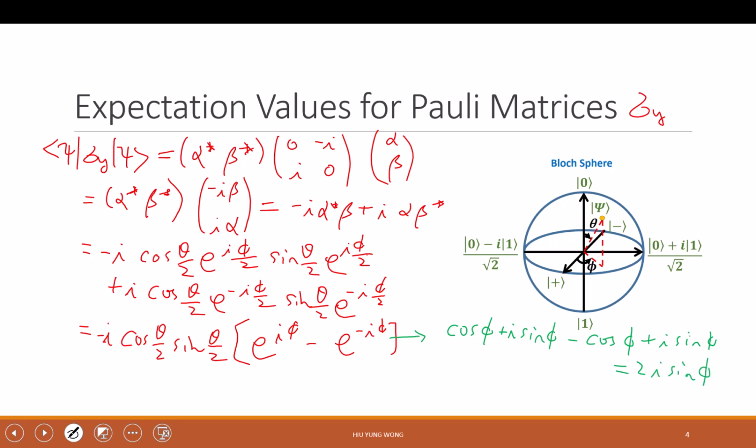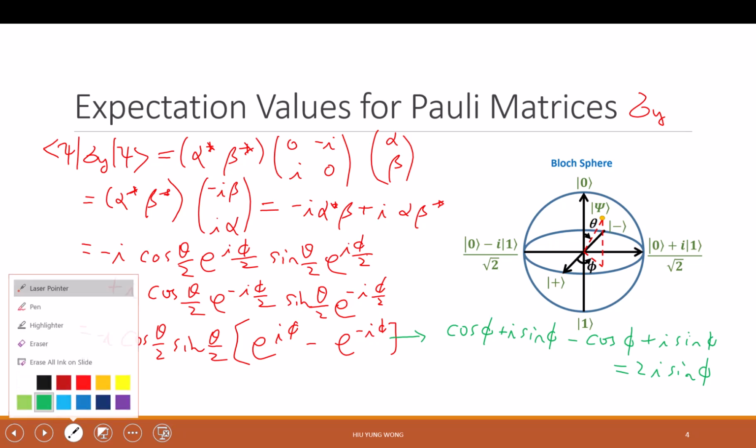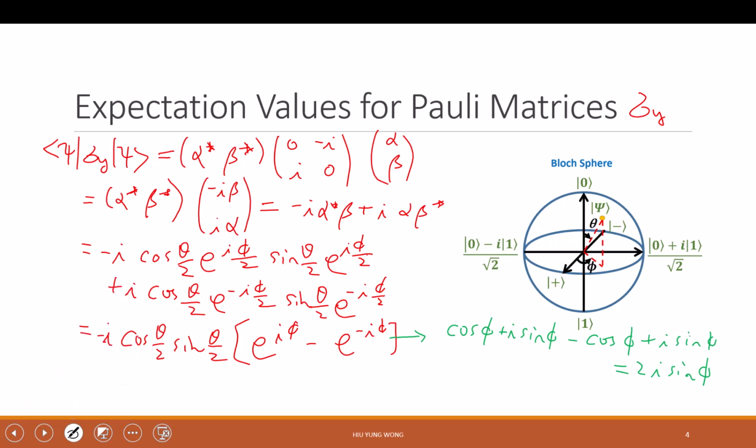If that is the case, 2i times i, negative i, what is i times negative i? 1, thank you. So this, just like what we had earlier, is cosine theta divided by 2, sine theta divided by 2, and then you have sine phi. And using the same identity, you get sine theta sine phi.